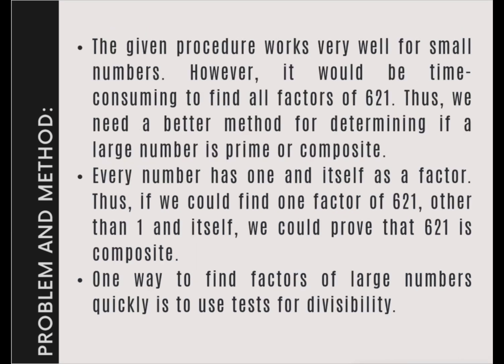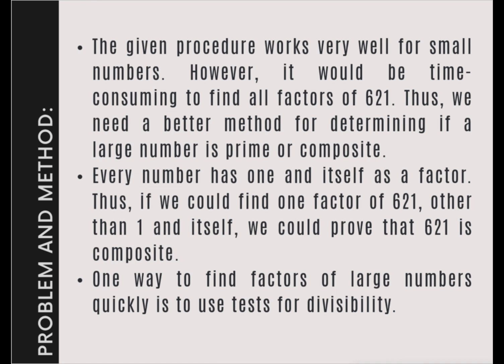Okay, so the given procedure works very well for small numbers. That particular procedure that we have read earlier is only applicable for small numbers. However, it would be time consuming to find all factors of 621. Thus, we need a better method for determining if a large number is prime or composite.